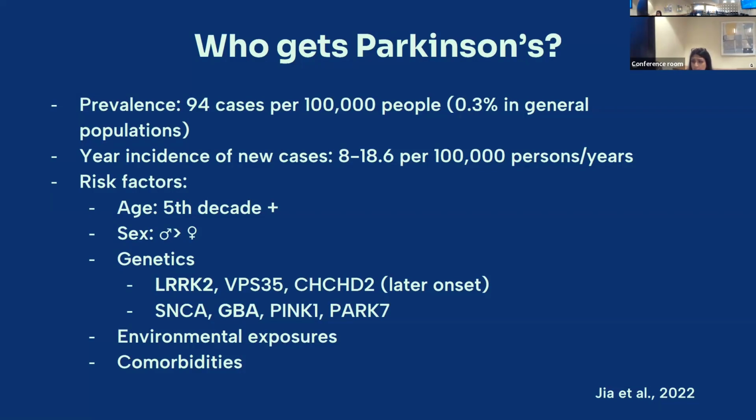Some genes that I found: PARK7 was a big one, GBA, and then LRRK2, which had more of a later onset. Environmental exposures are there as well, so things like pesticides, air pollution, well water use, and high iron intake seem to be risk factors for Parkinson's. And then comorbidities: high BMI, history of TBI, diabetes, melanoma, prostate cancer.